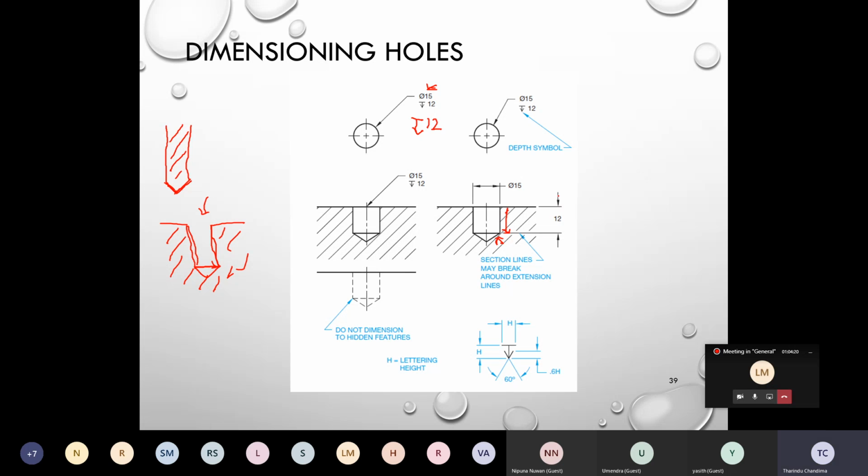Also, when you place the dimension like this, if you don't like it, you can omit this and define the actual dimension in the view like this. In that case, you have to have a little break in the section lines. Do not intersect like this, when you do manual drawings.